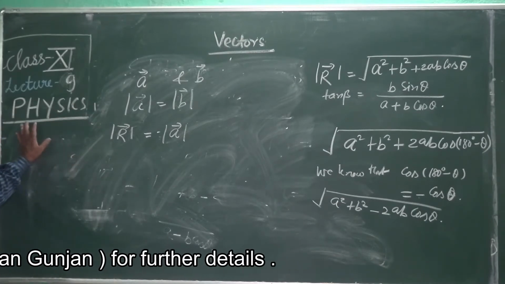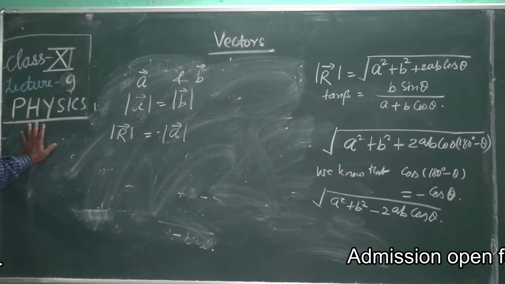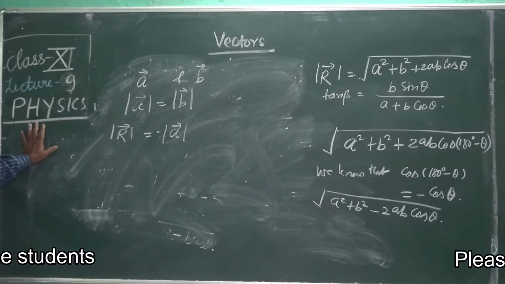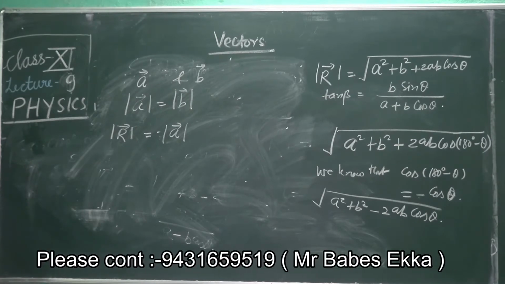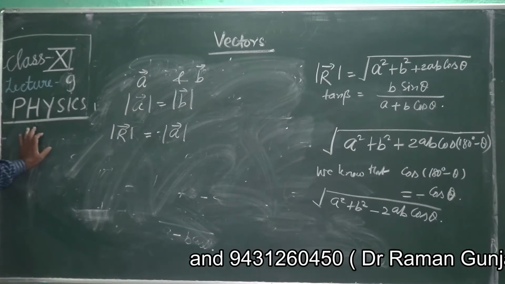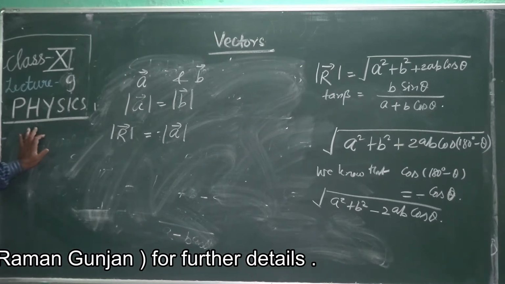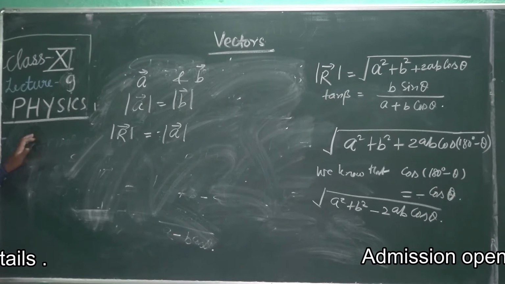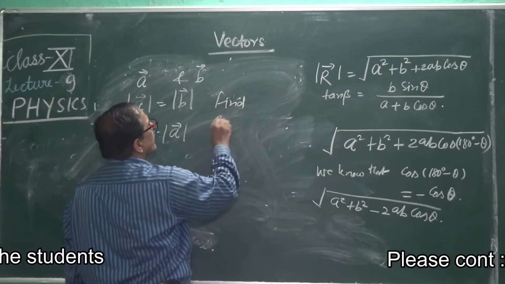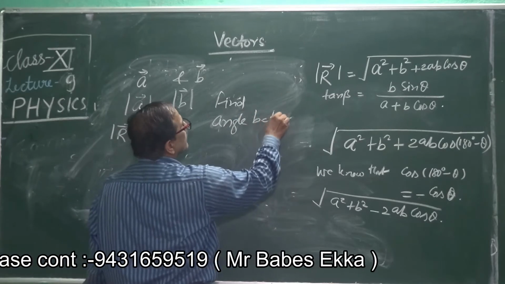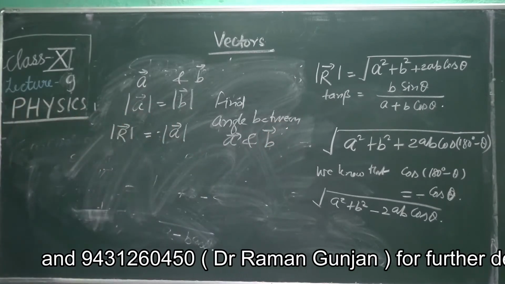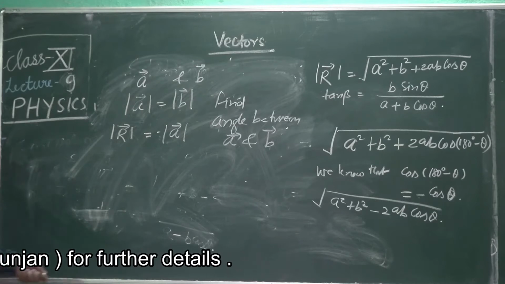Again, listen to the problem. If the magnitudes of two vectors are equal to each other, and also the magnitude of the resultant of addition of two vectors is equal to the magnitude of either vector, the question is to find the angle between vector A and vector B. How will we solve this question?